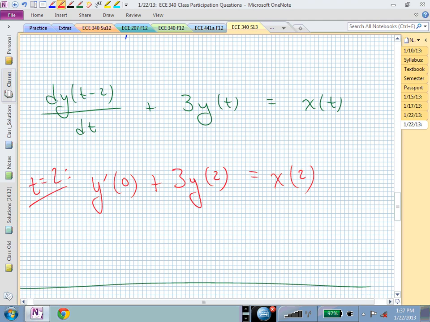Now I can see that the derivative of the output right now, if I called now 0, actually depends on an input 2 units in the future. This is x at time 2, and it's influencing the derivative at 0, meaning this is a future input influencing the present output's derivative. What does that mean? Causal or not causal?